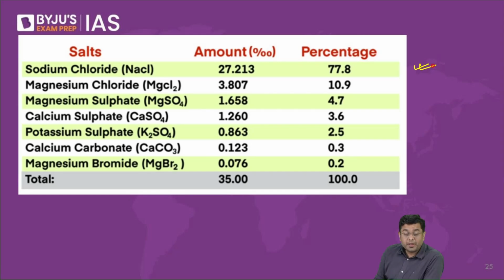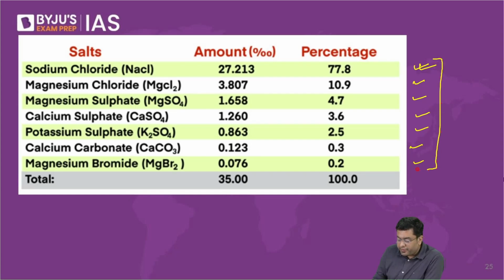Now, if you take a look at the proportion of the various types of salt present, the most dominant salt is NaCl, or sodium chloride, something that we consume in our everyday diet. Sodium chloride makes up a whopping 78% of the overall salinity.